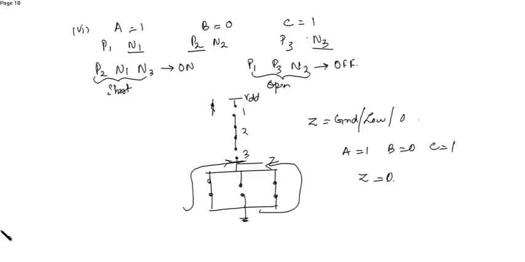Now let's see the seventh condition. When A is equal to 1, B is equal to 1, C is equal to 0. This is P1 N1, this is P2 N2, this is P3 N3. When A is 1, N1 will turn on, B is 1, N2 will turn on, C is 0, P3 will turn on.